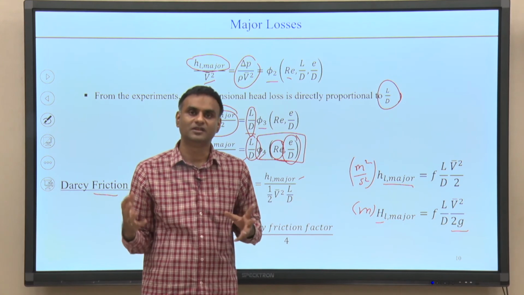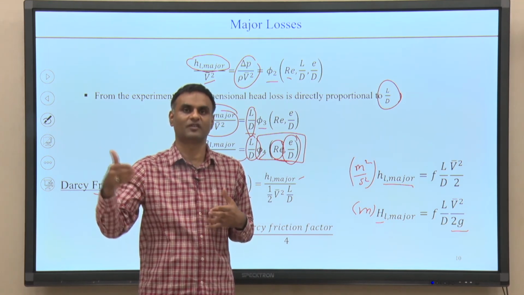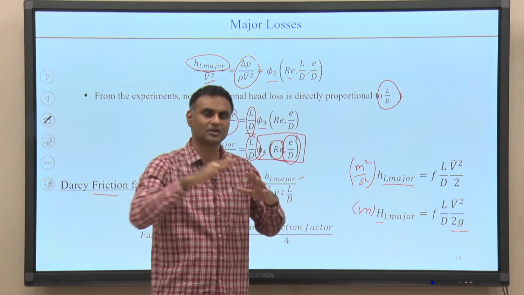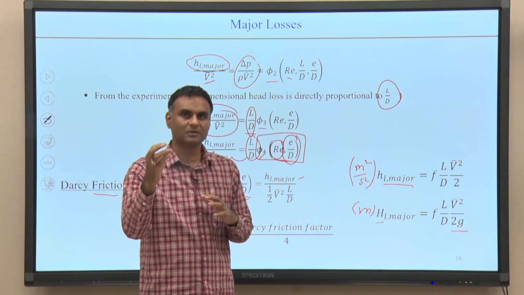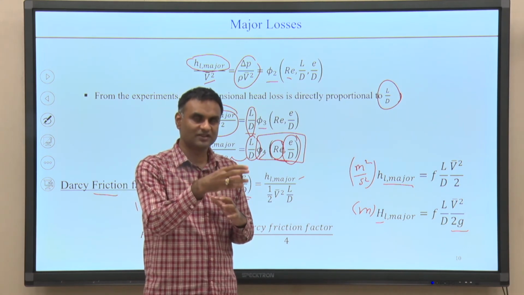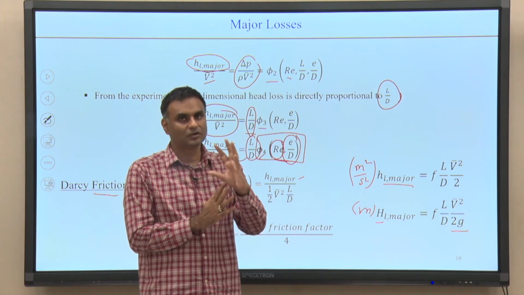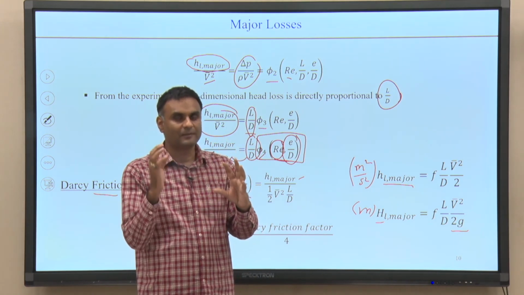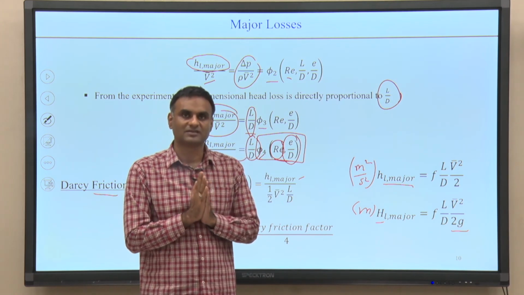So, what we now need is what is f as a function of Re and E by d. If we know the pipe length, pipe diameter, fluid, which will give us the density and viscosity, and the velocity, then can we calculate f? That is the question we will ask ourselves.